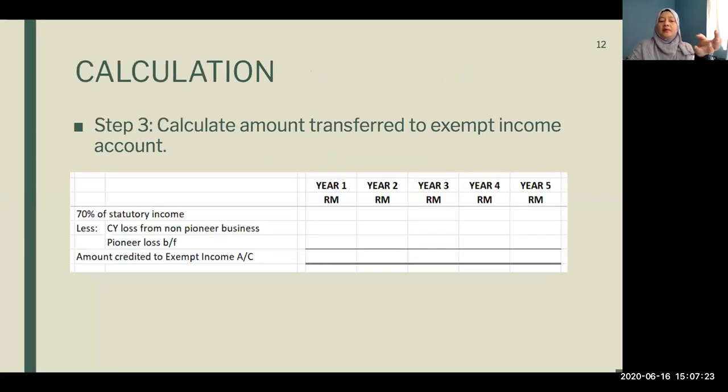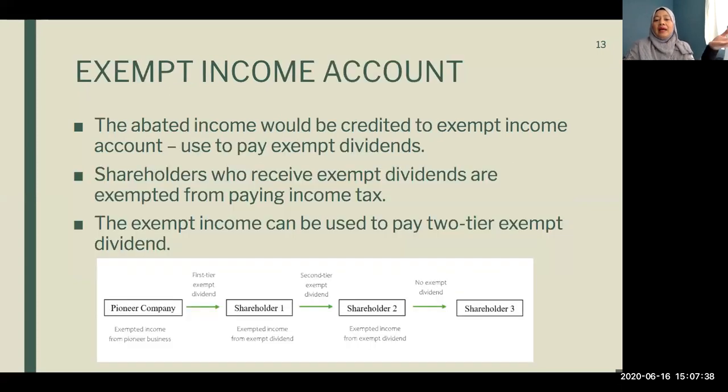Where does it come from? It comes from the abated amount. But that abated amount is reduced by the losses from non-pioneer as well as the pioneer business. Then you decide, okay, this is how much is my exempt income account. If I have a balance in exempt income account, I can declare dividend to my shareholders, exempt dividend.